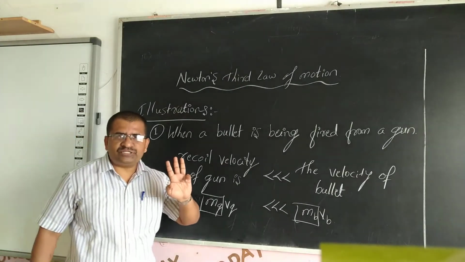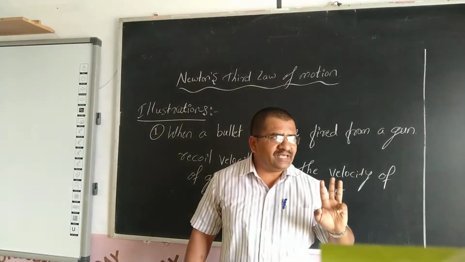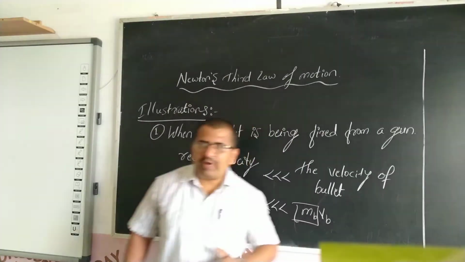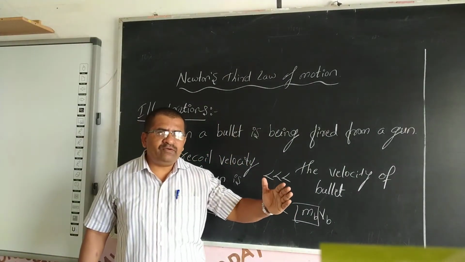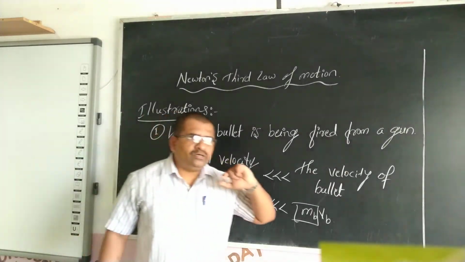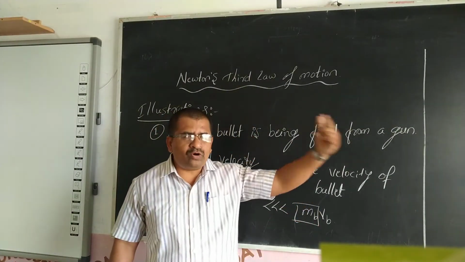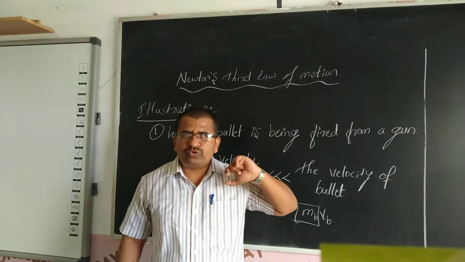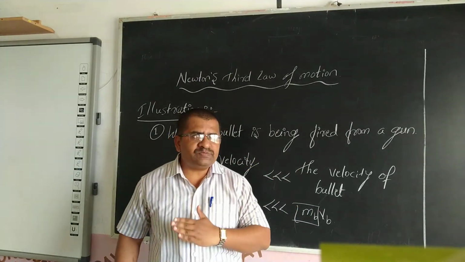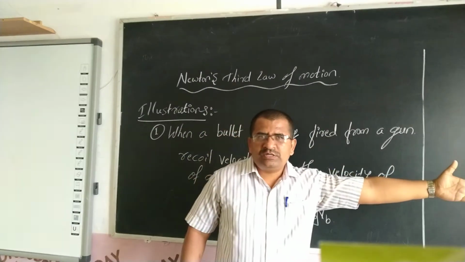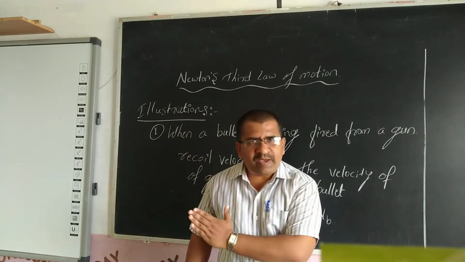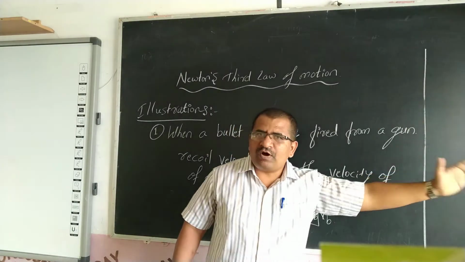And the third illustration is like this: when a sailor or a traveler in a boat wants to jump from the boat onto the seashore, he applies force and jumps onto the seashore, and the boat moves in a backward direction while he moves in a forward direction.